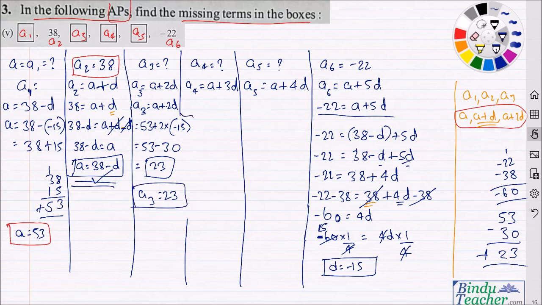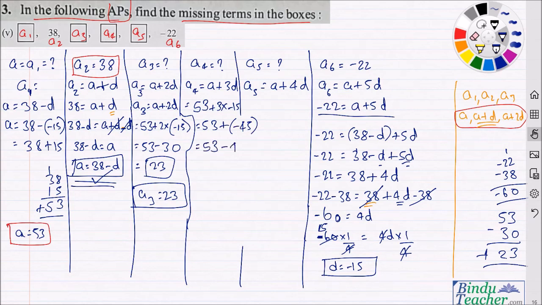Similarly, let's calculate for a4 also. So a4 equals a plus 3d. The value of a is 53 plus 3 into d, which is minus 15, which equals 53 plus 3 into 15 equal to minus 45, which equals 53 minus 45.